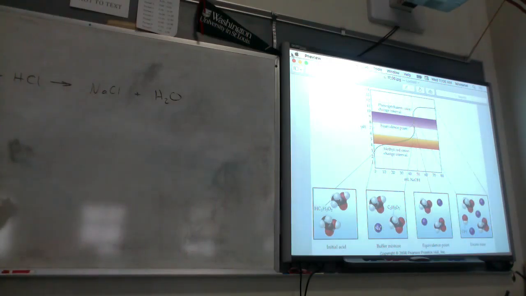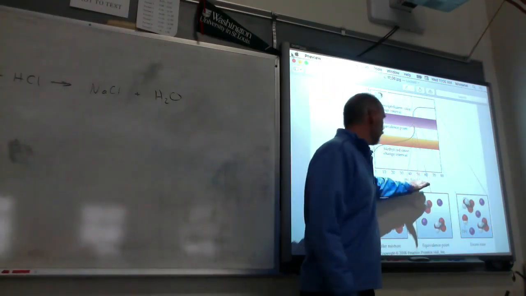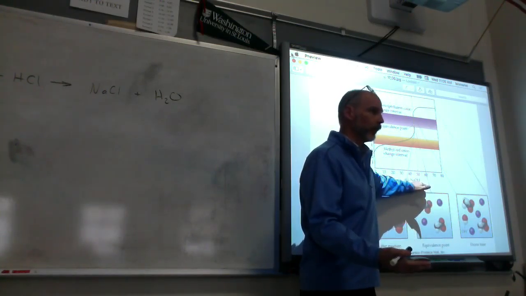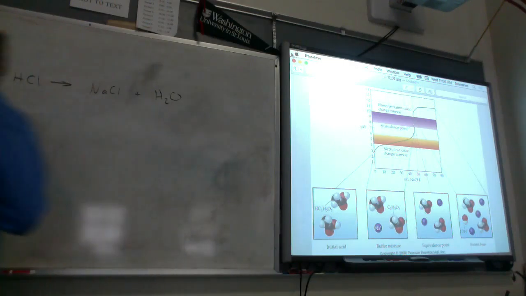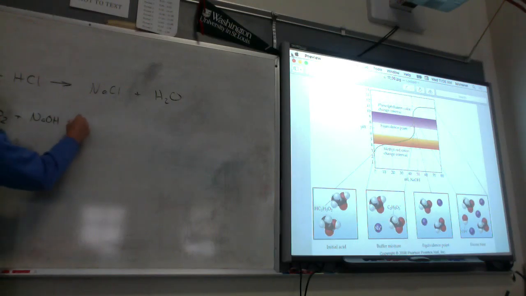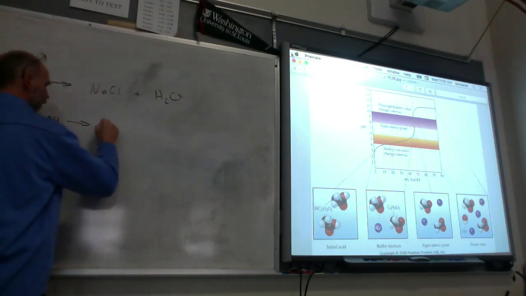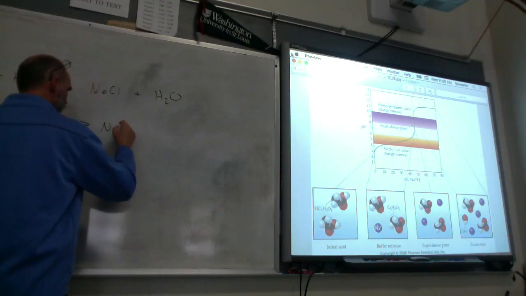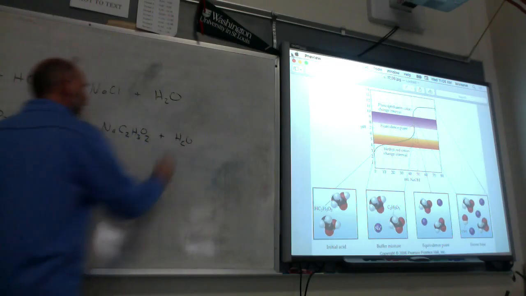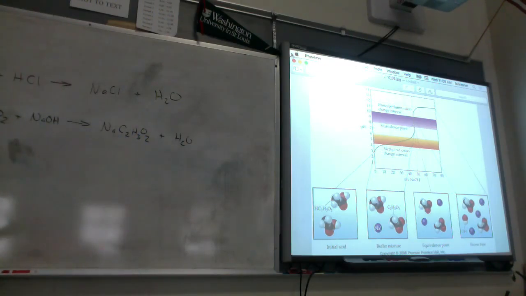The reason for that is, what are we adding to the solution? Base, strong base. We're expecting an increase in pH. But, and I'll just go back to the titration that we did. If we're titrating acetic acid with sodium hydroxide, what are we getting? Sodium acetate with water. On a net ionic scenario, what we're getting is this.